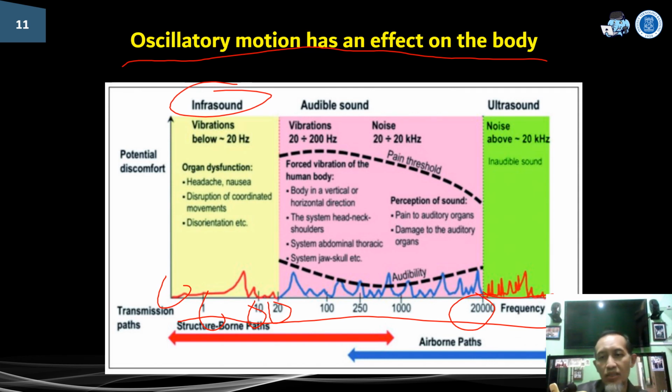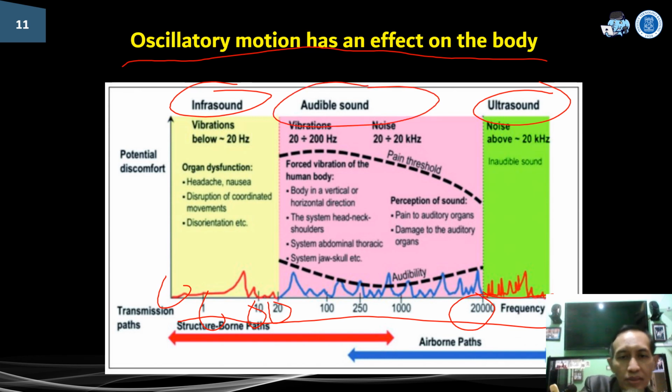If more than 20,000, it's ultrasound. Between 20 until 20,000 is audible sound, and this is potential discomfort.